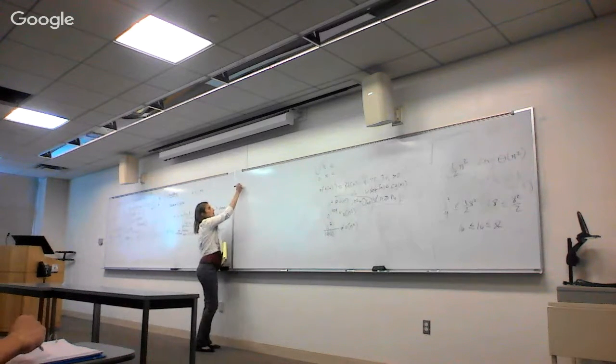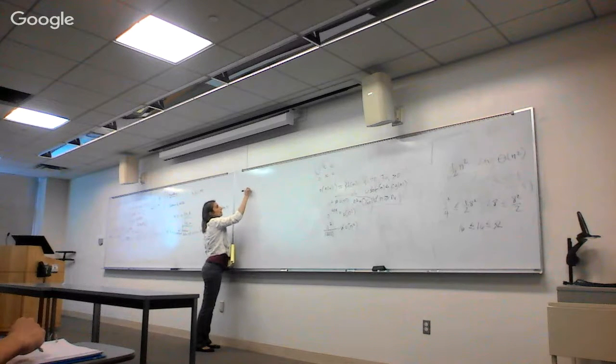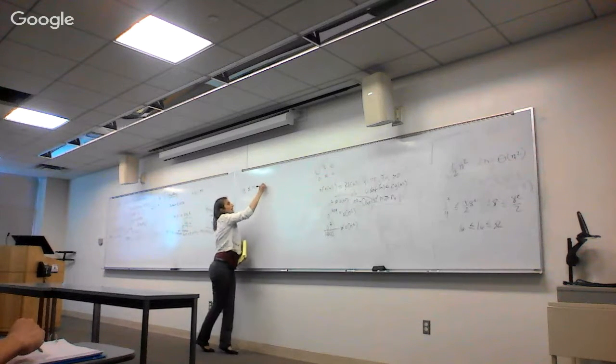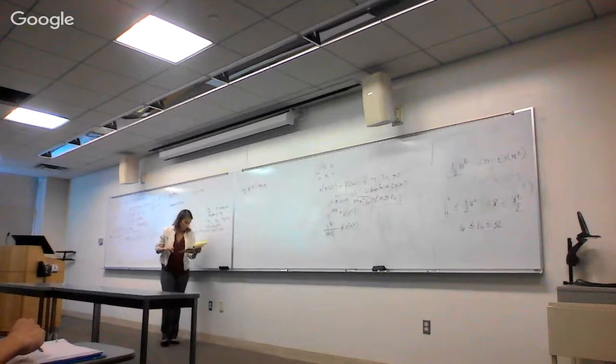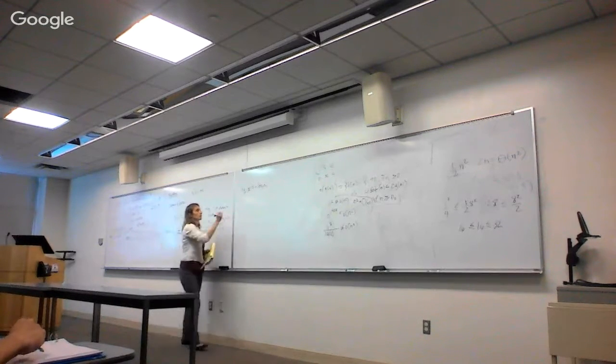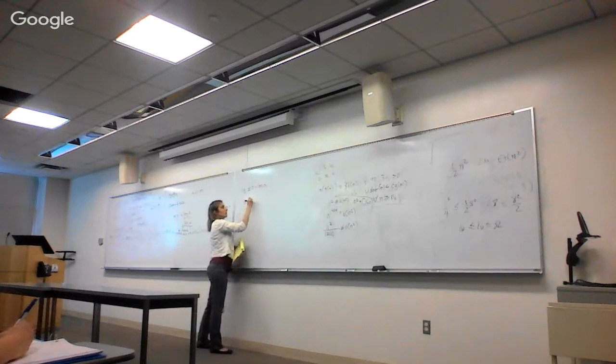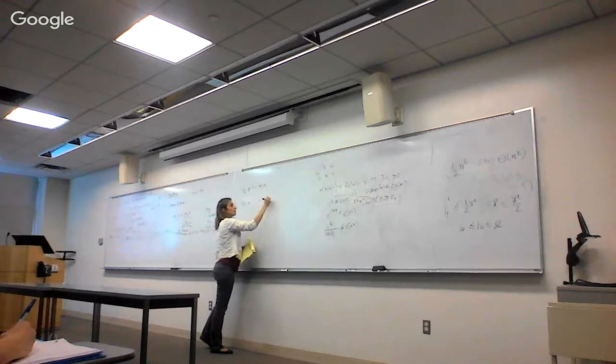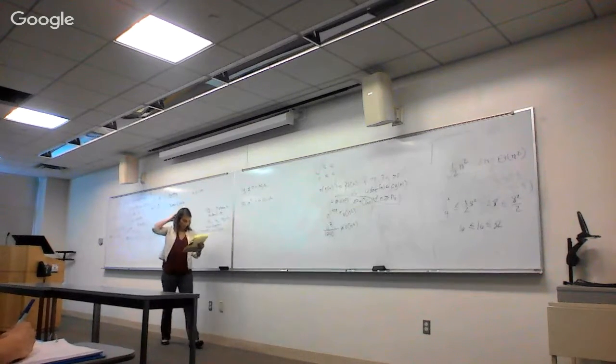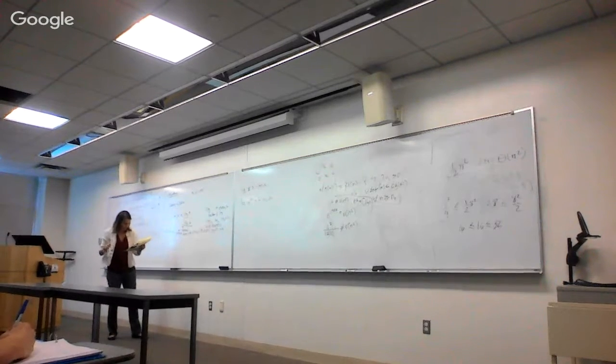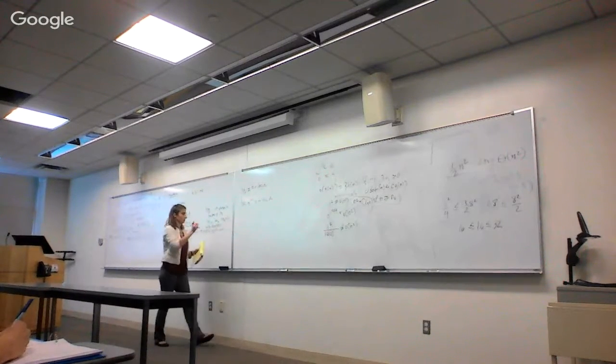Okay, so I'll drop the base in some of these. Log of 1 over a is negative log a. Log of a to the n is n log a. So various things that we'll be using.